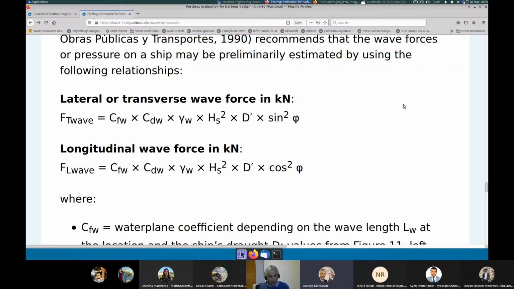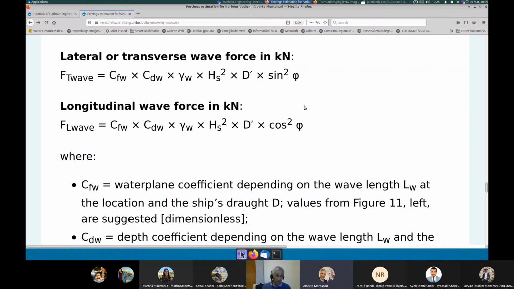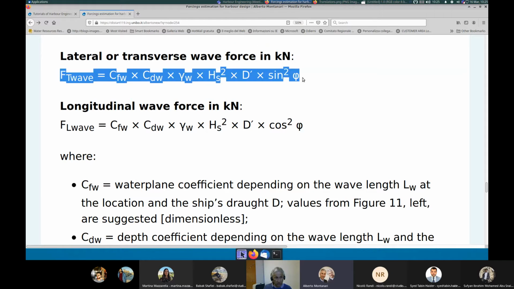Now, let's look at this formula, which is given by a product of several factors, and let's focus on the first one, and let's see what are the variables that you see there. So first, you have a couple of coefficients, and the first is called CFW.